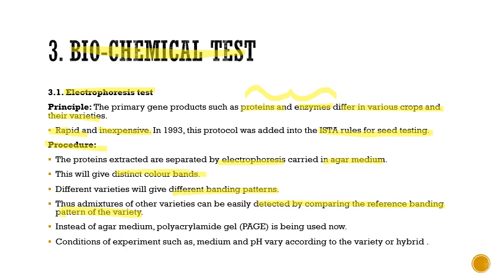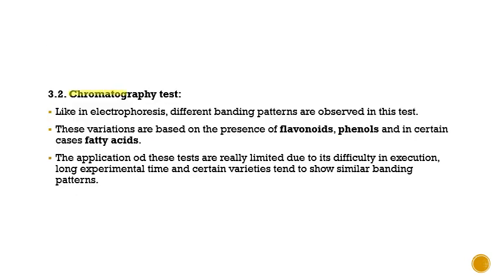Instead of agar medium, nowadays we are using polyacrylamide gel, or PAGE. Again, the conditions of the experiment such as medium and pH can vary according to the variety or hybrid being tested.